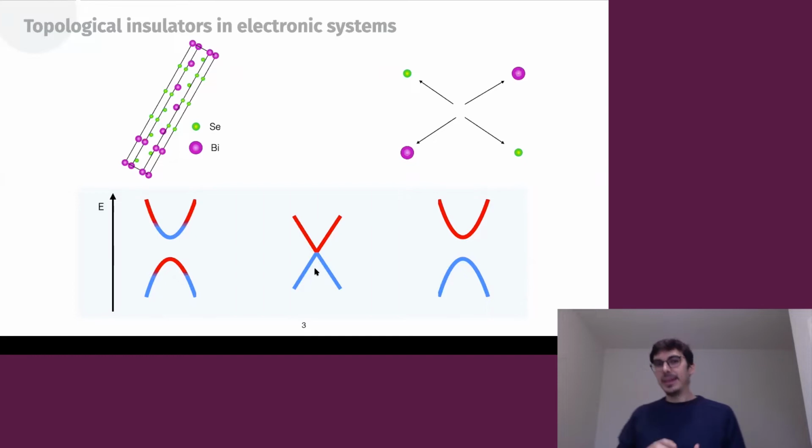And this leads to a very important concept, which is called the bulk boundary correspondence. So if you think about a lump of bismuth selenide in the lab, then the surface of that material is really a boundary between the bulk of the material and the outside, which is typically air or vacuum. And air or vacuum are topologically trivial, whereas the inside, in this case, is topologically non-trivial.